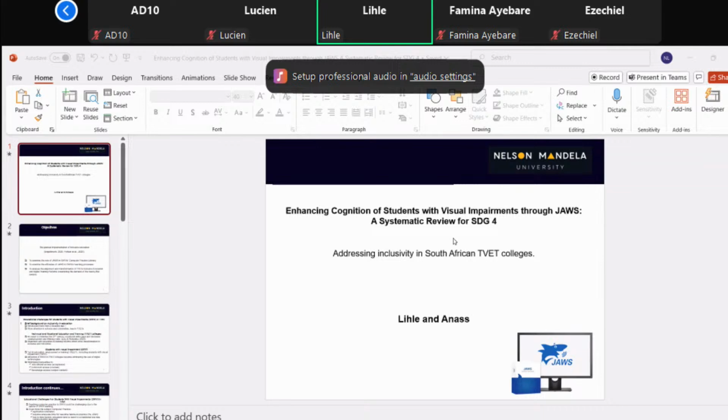And also the second word is JAWS, and JAWS stands for Job Access with Speech, which is a software that is a screen reader for students with visual impairments. So it is, in other words, an assistive technology. And also TVET College Education Training Centers. So as a better way that we could write the topic to avoid being very lengthy and without running away from the keywords, we felt it's okay that we abbreviate the word JAWS.